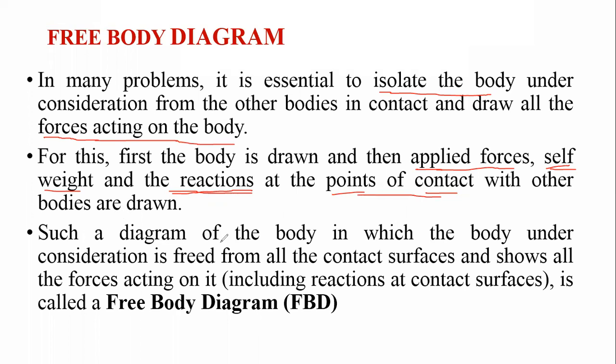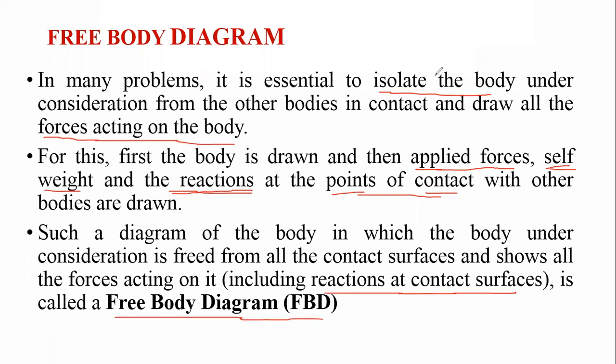Such a diagram of a body, in which the body under consideration is freed from all the contact surfaces and shows all the forces acting on it, including reactions at contact surfaces, is called a free body diagram.